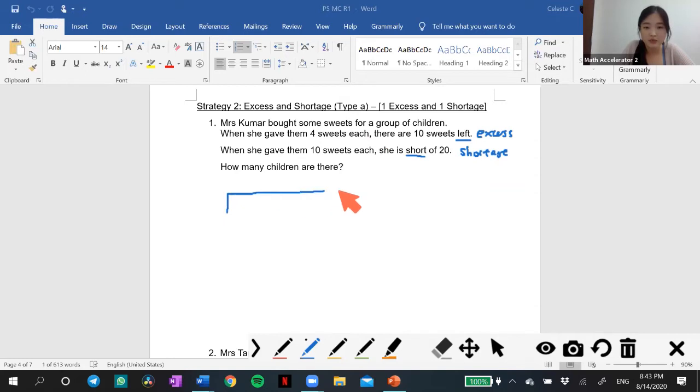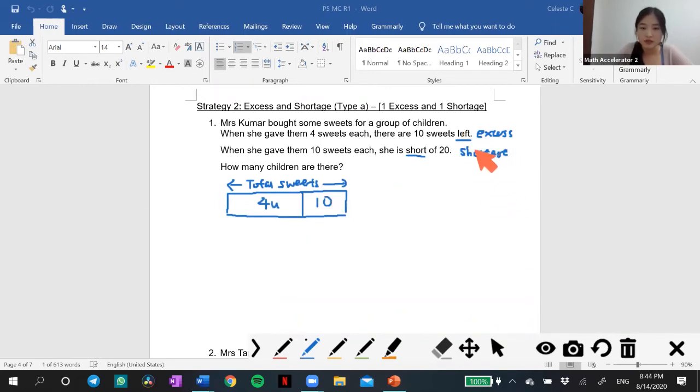So let's take this model as all of these sweets, so total sweets. Okay, when she gave them 4 sweets each, there were 10 sweets left. So 4 sweets, 4 units, 10 left.